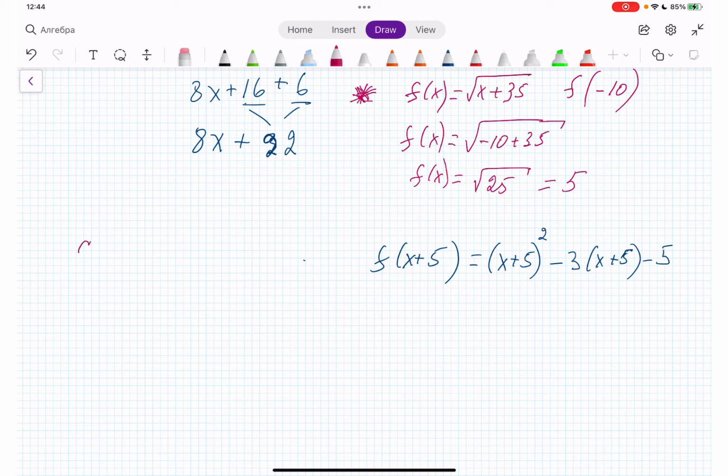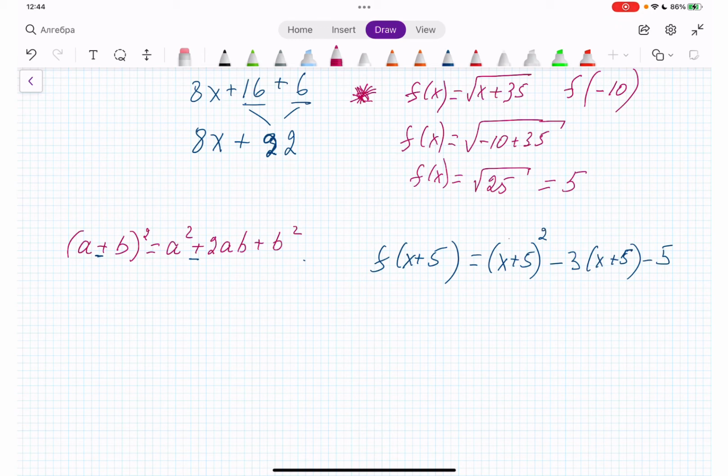So a plus b squared is equal to a squared plus 2ab plus b squared. Okay, and if we have a minus b, we get a squared minus 2ab plus b squared. So let's use it. X plus 5. So I'm writing down here x plus 5 squared.